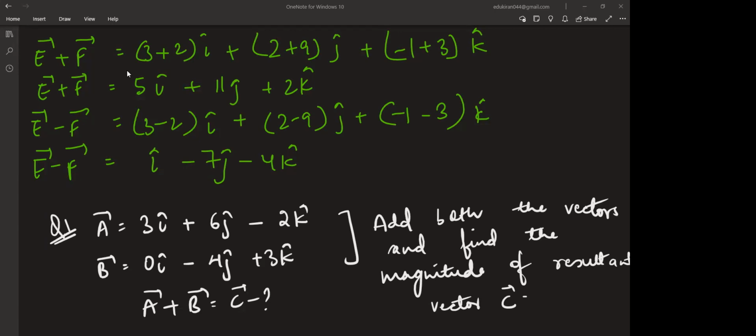Magnitude of resultant vector. Not just the resultant. Magnitude we have studied? Okay.